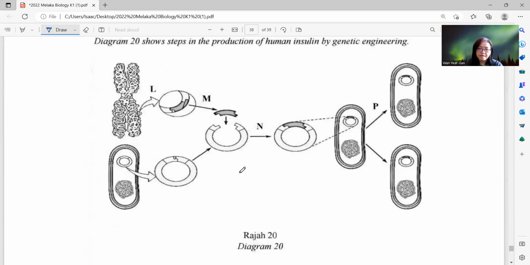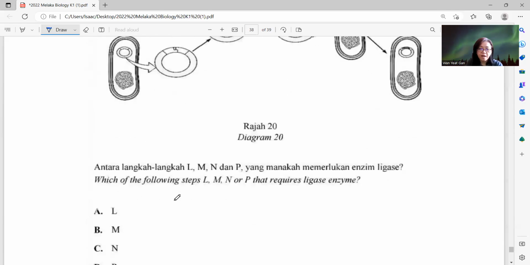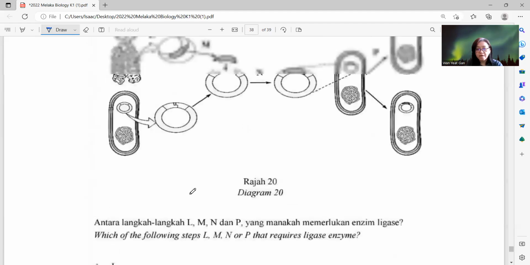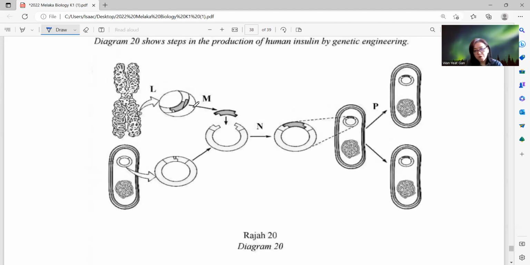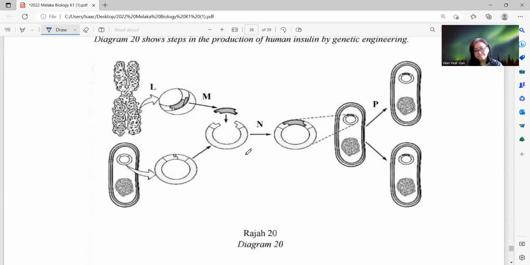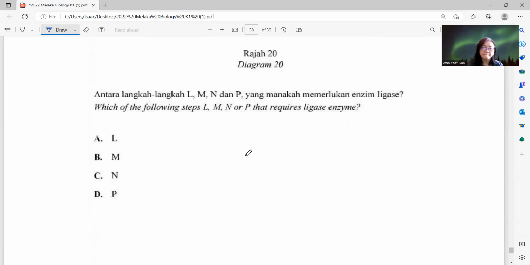So the ligase enzyme is needed for M, okay, M, where when you insert it into the plasmid, okay.